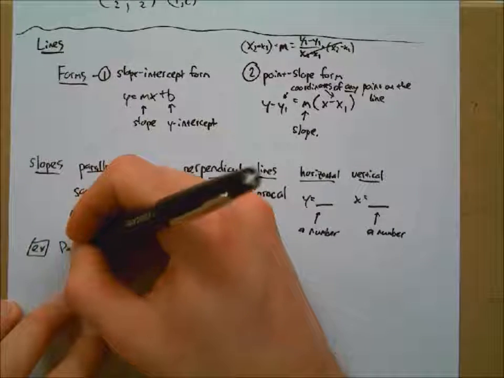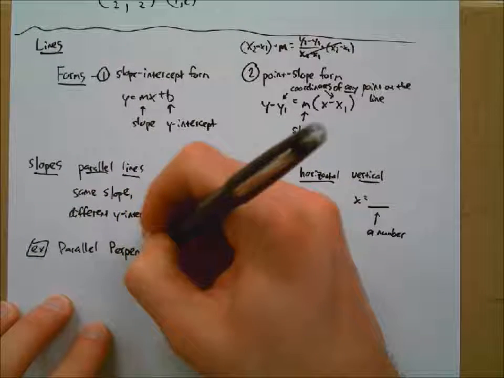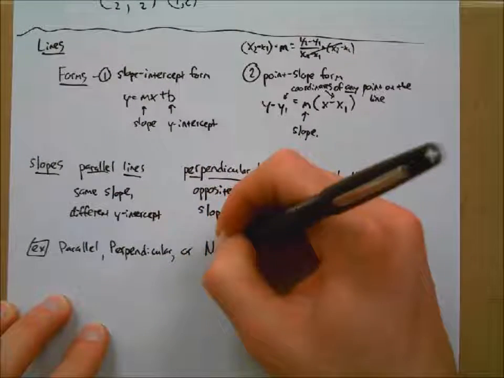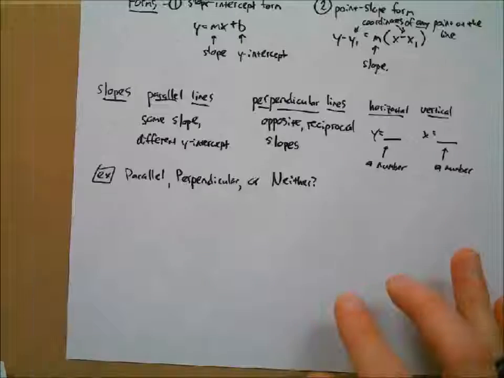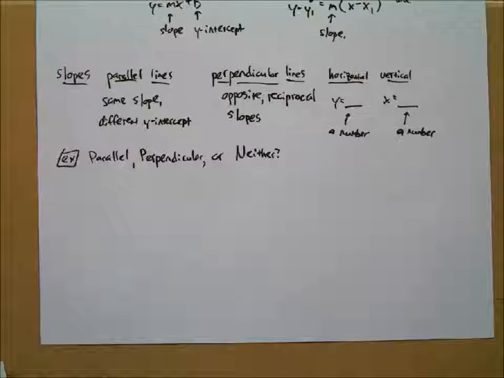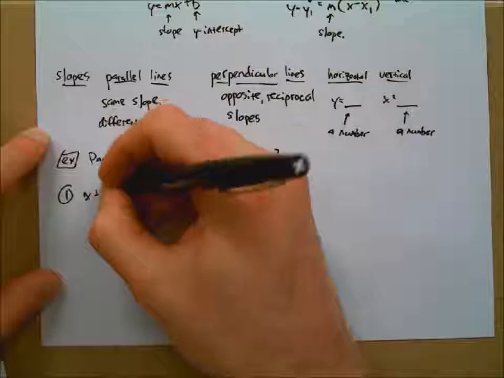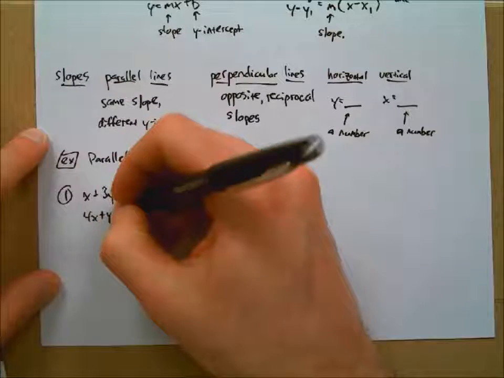Parallel, perpendicular, or neither. That's the question you're going to answer for these 3 sets of lines. Here's the first set: x plus 3y equals 7, 4x plus y equals 6.